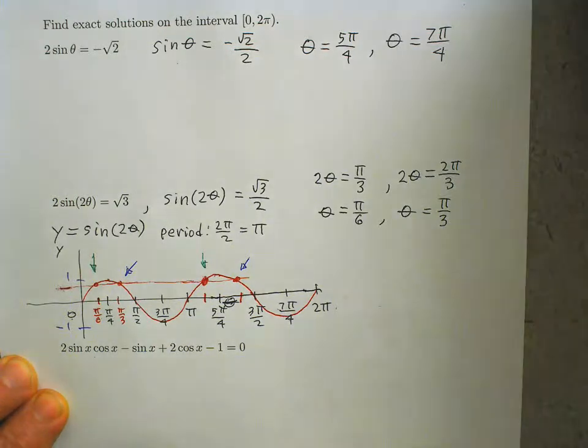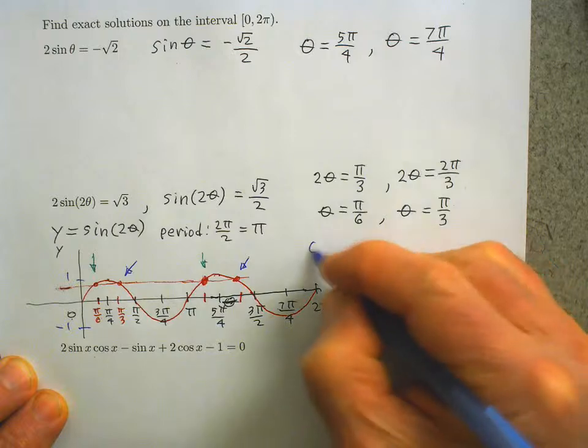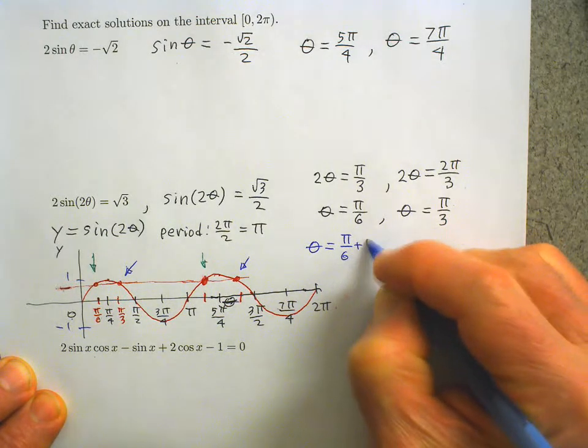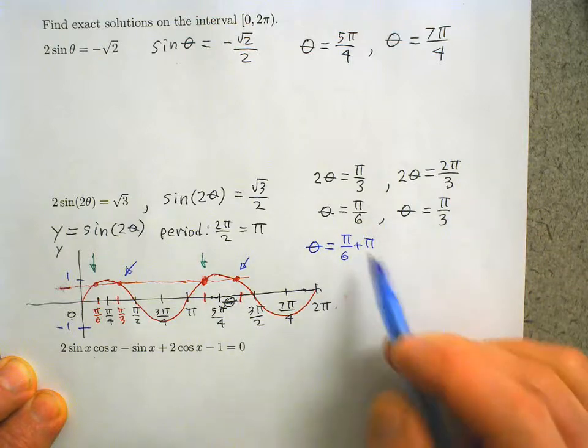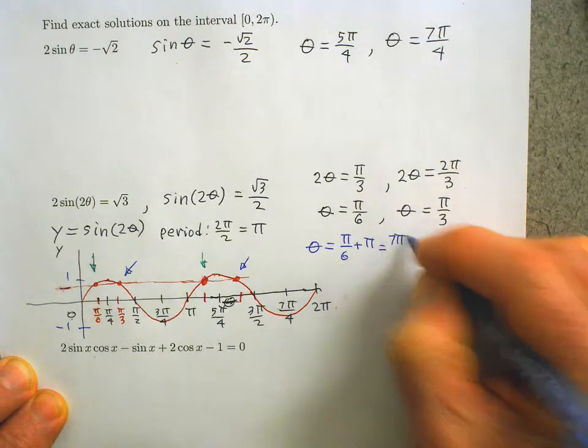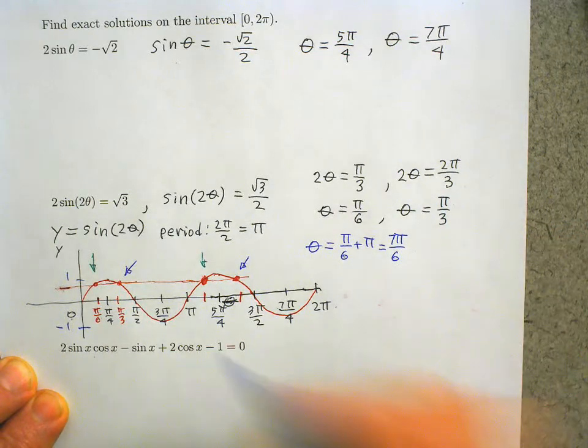So how do we find the other two solutions? Well, we can just add pi to each of those two. And pi over 6 plus pi is 7 pi over 6. So that's this one.